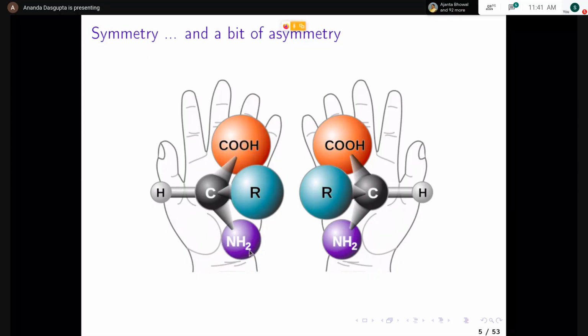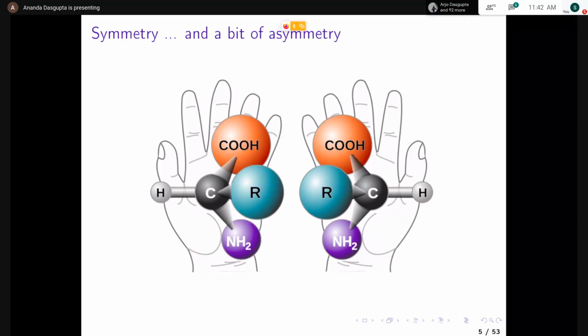And such an object has this property that if you mirror reverse it, this one on the left, the mirror reverse is on the right, these two molecules cannot be superposed onto each other by translating and rotating. So these are called stereoisomers or enantiomers, and many physical properties are nearly identical, but sometimes they show drastically different chemical properties, especially in biological systems.